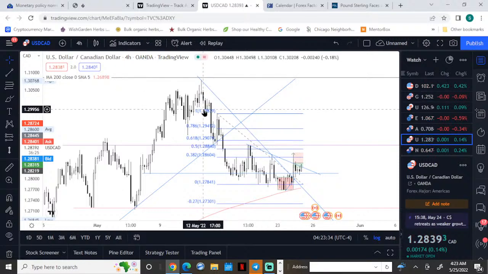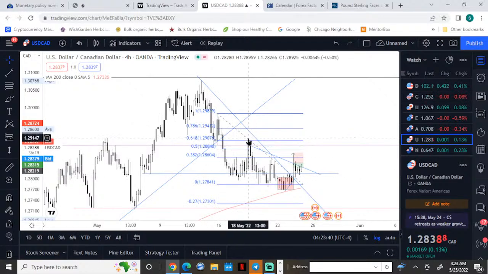High, lower low, lower high, lower low, lower high, lower low, lower high. This is a lower low instead of an equal low because it did come down a little further than this last lower low. So we got a lower high, and then we did get another lower low.